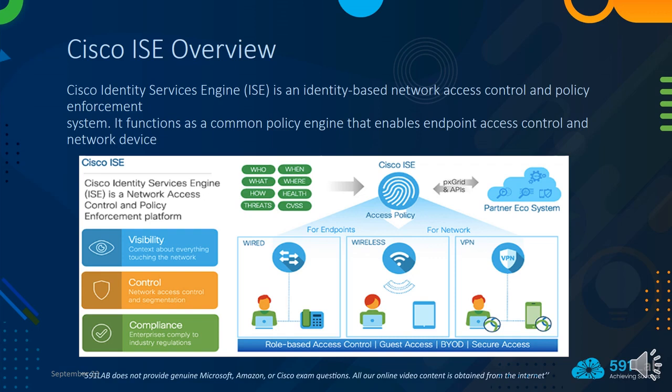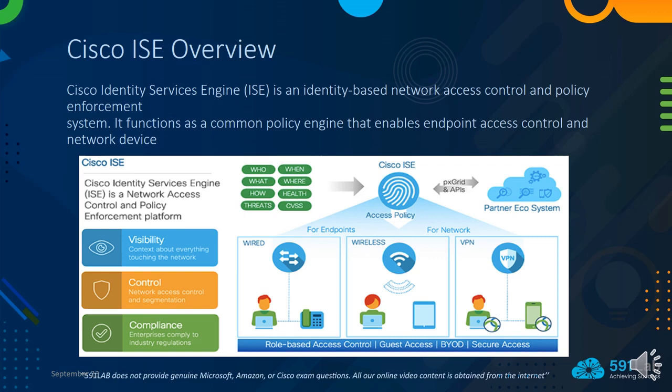This control also lets you isolate any device from your network if the device can't comply with your policy. Compliance, for example, for antivirus: if the device doesn't have any antivirus, it doesn't achieve compliance in your network. So the ISE achieves compliance in your resources and your network.